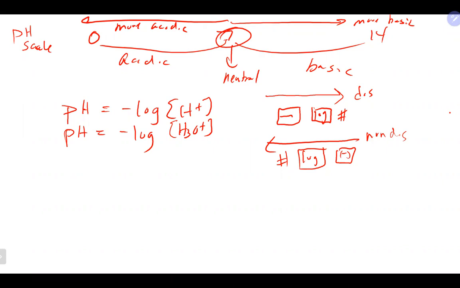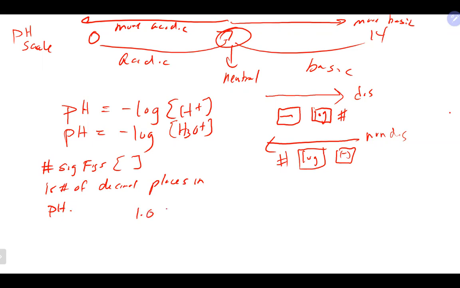We also talked about significant figures and pH. Remember that the number of sig figs in your concentration value is the number of decimal places in your pH value. So again, we had maybe something like this the other day.